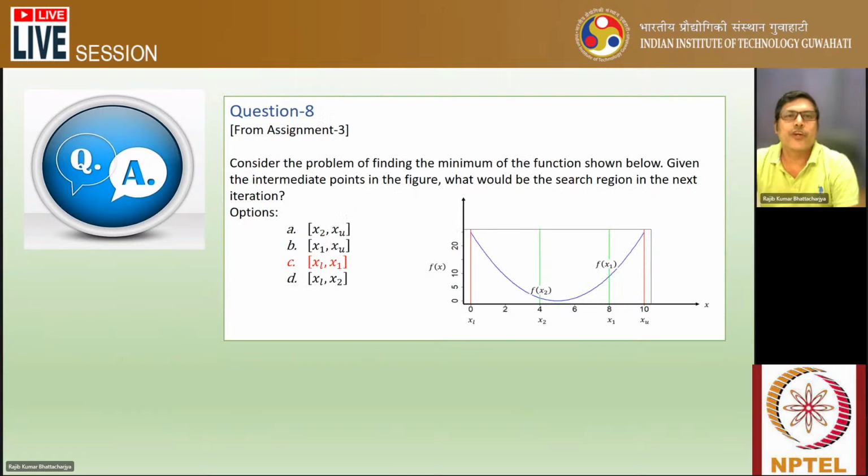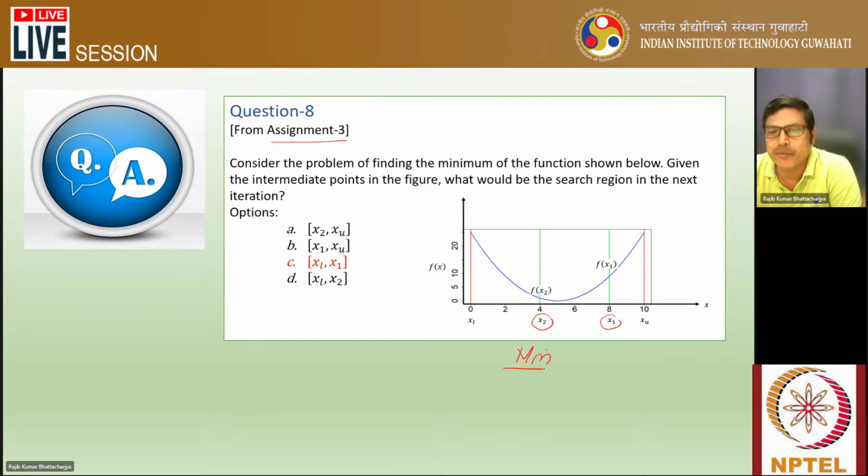Now another question in assignment 3. Consider a problem. This is given. I have taken x1 and x2.